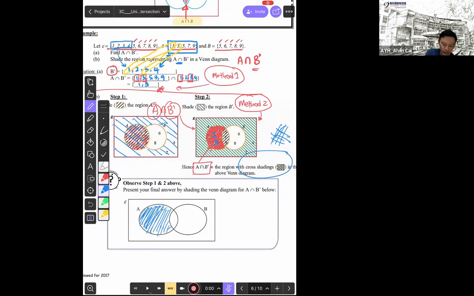So what we need to do is we just shade this way for our final answer. In fact, it's too messy, so I'm going to just change it. Just a few strokes will do. Okay, so this should be the final answer. Please do not start your art lesson and shade the whole thing. Just a few lines will be enough and sufficient.